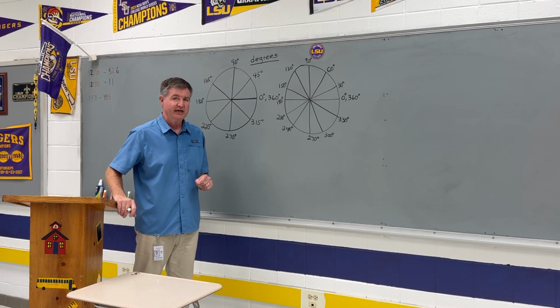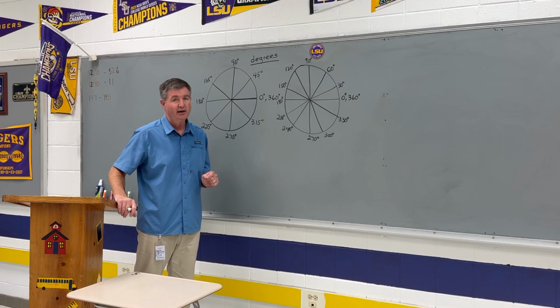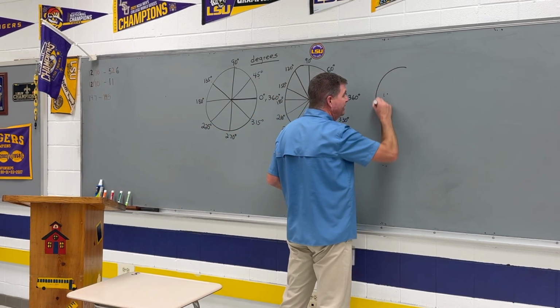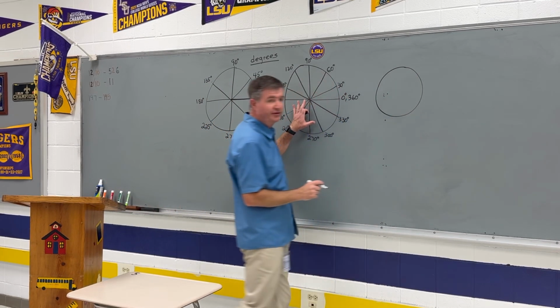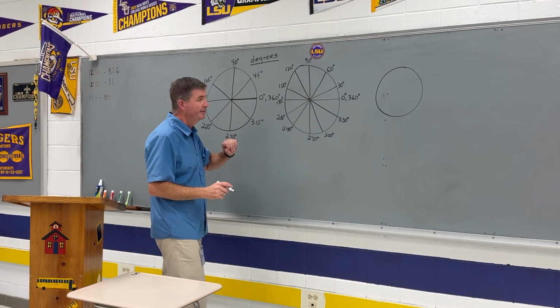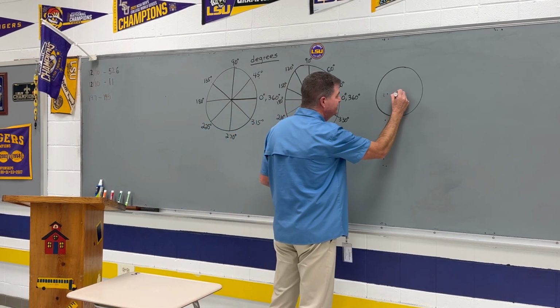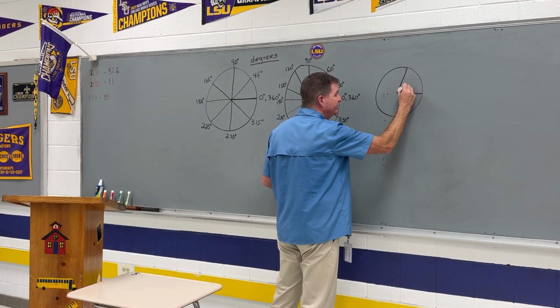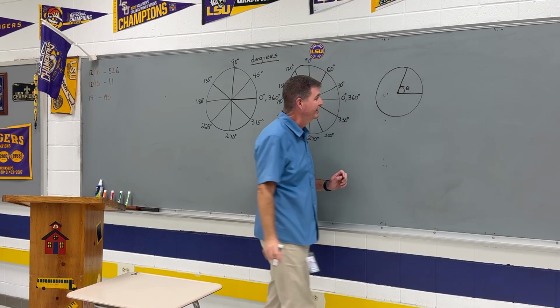The other measurement that we're going to use in this class is called radians. So I need to explain a radian before we can convert the same unit circle in radians. So the first thing that we have is a radian is going to be the measure of a central angle.